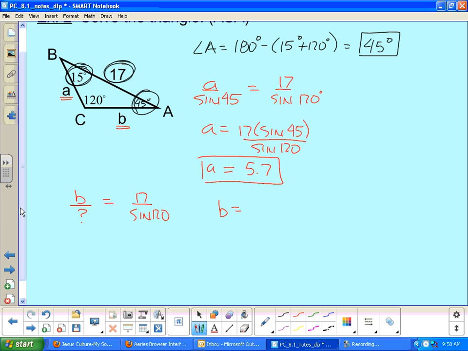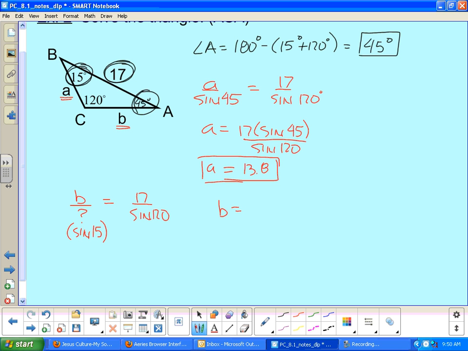V over the sine of 15, that's what goes right here. You got 13.8 for A? Yeah. Times the sine of 45. Close it. Then divide by the sine of 120.